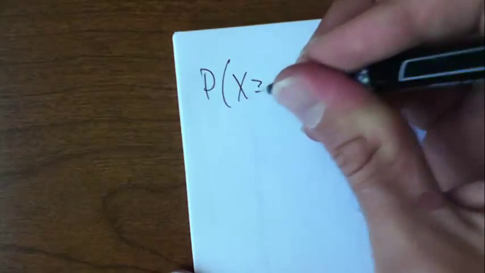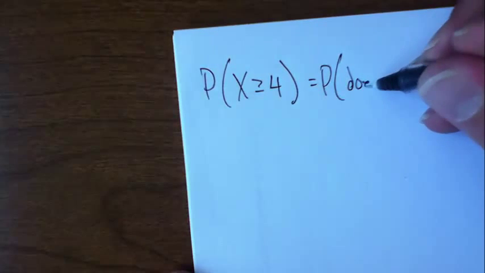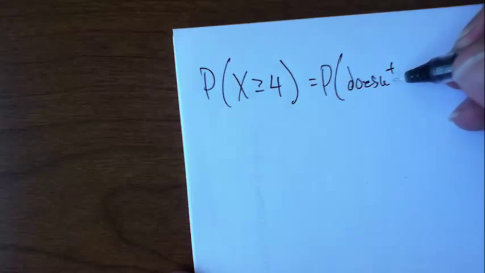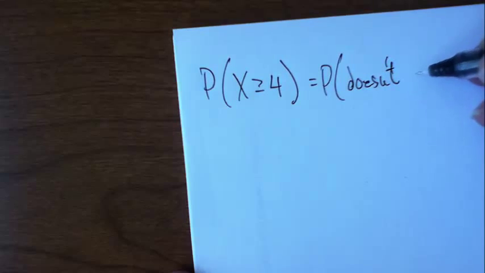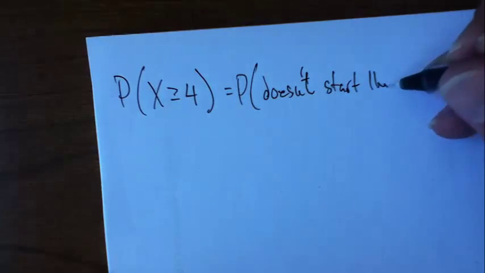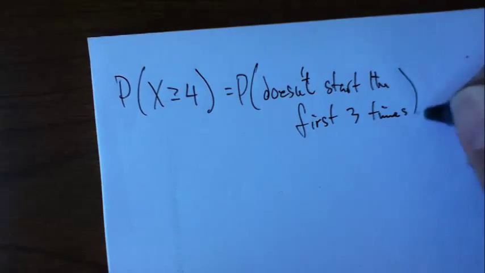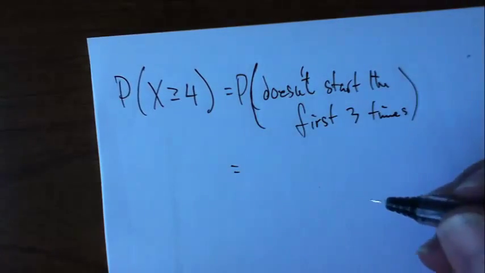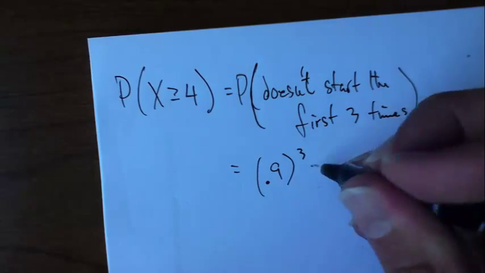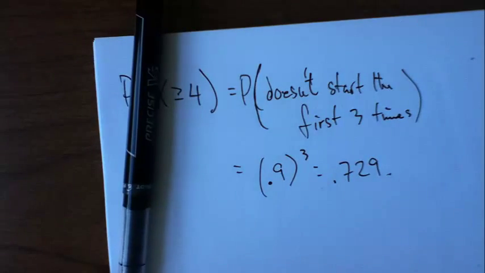So the chance that x is at least 4 is the chance that it doesn't start the first 3 times. Those events are equivalent, and so that's just 0.9 cubed, which is 0.729. How about that? Great. Do your homework.